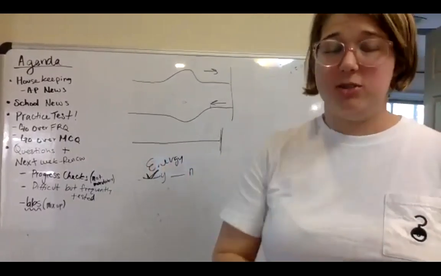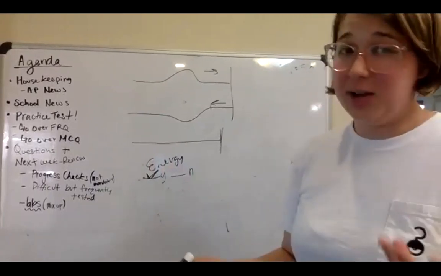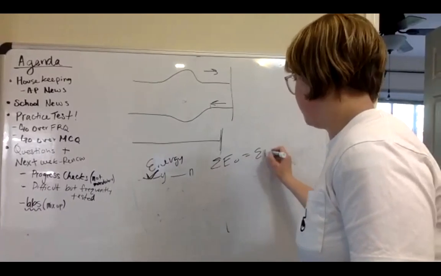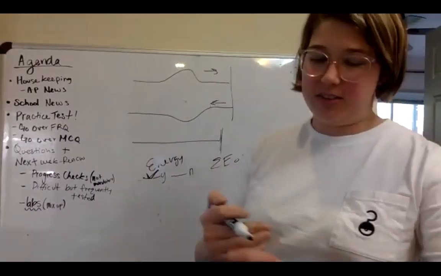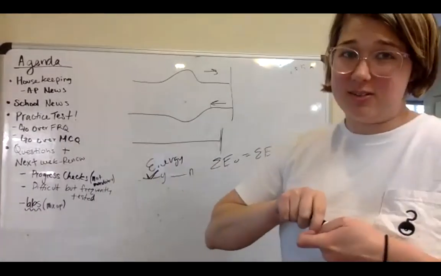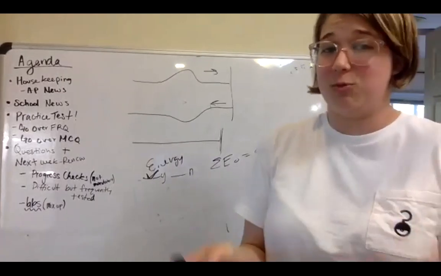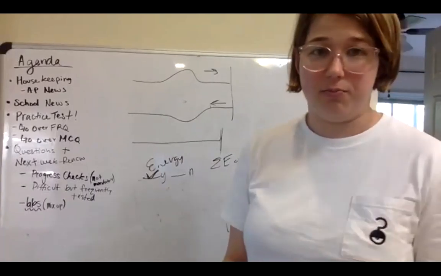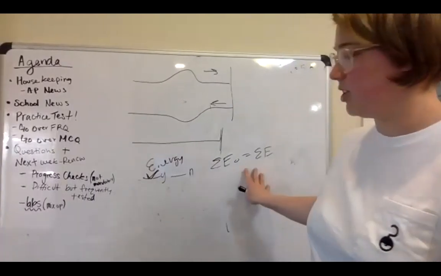There are 2 ways you could have explained this. The way I would have explained it: energy is conserved. There's nothing else acting on our system. Therefore, whatever energy is there is still there. Nothing else touched it. So you could have used conservation of energy.